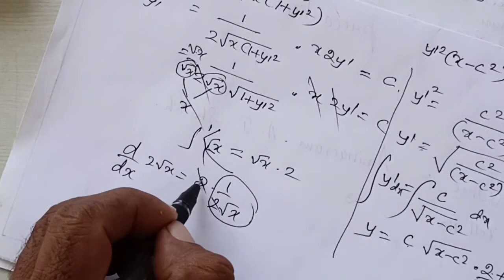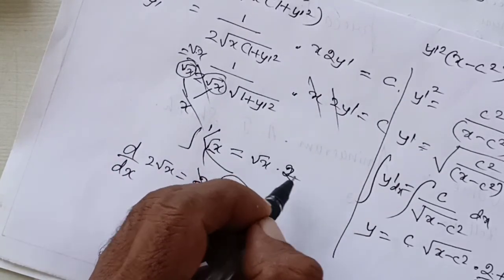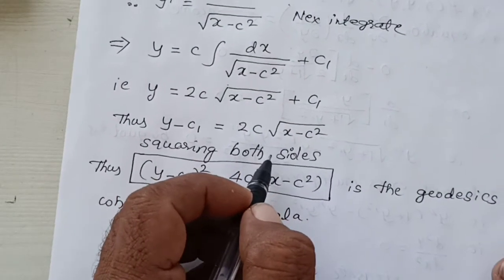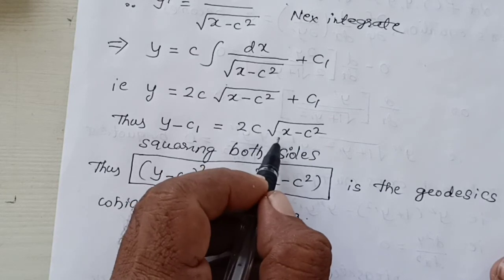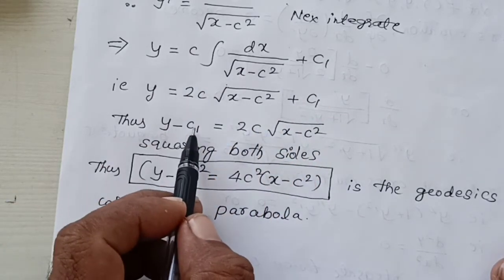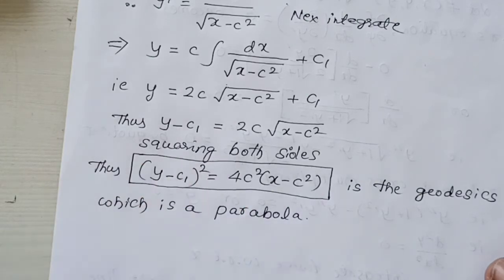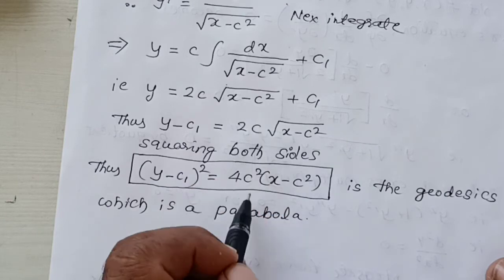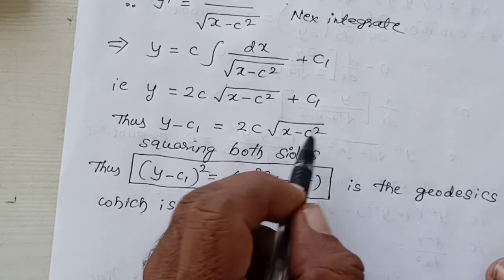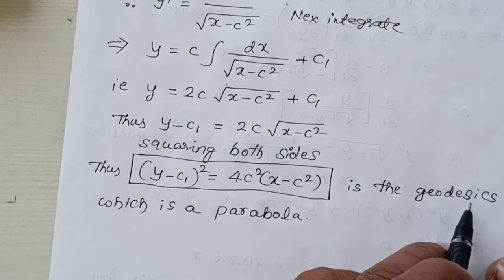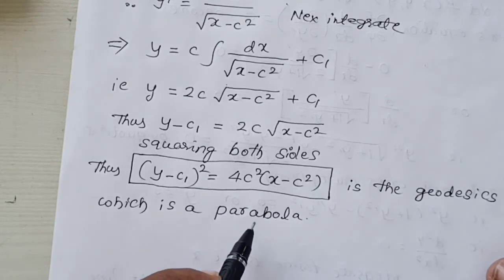So we get 2c, where c is the constant, into the square root of x minus c square, and c1 I have taken to this side, y minus c1. Now squaring both sides, y minus c1 the whole square equals 4c square into x minus c square, which is the geodesic, a parabola.